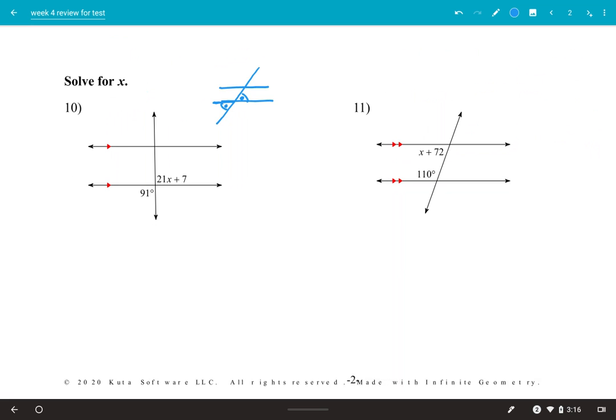And if you remember, vertical means they are equal to each other. So we're going to go 91 is equal to 21x plus 7. And then we just solve it. Next week, we're going to actually work on naming these a little bit more. Okay. We get 84 equals 21x, and we divide.